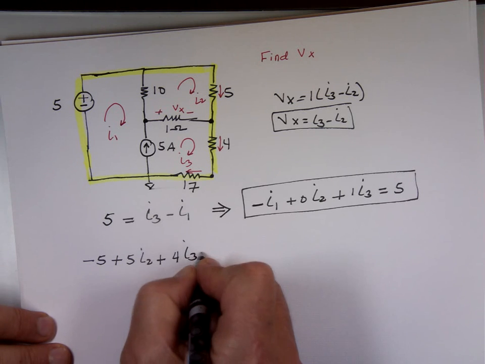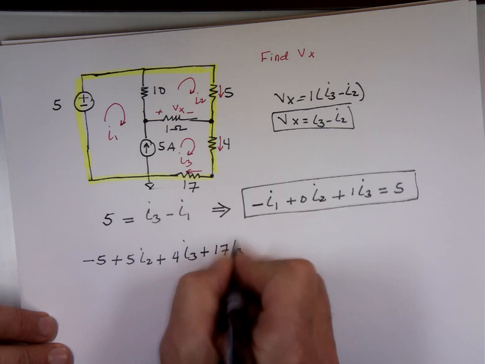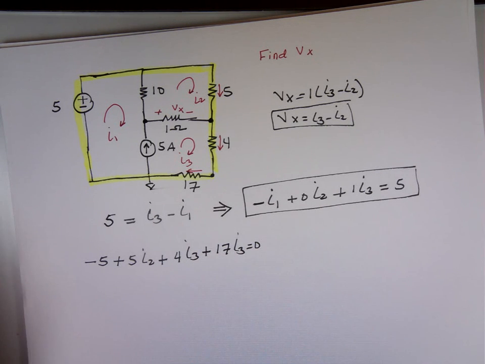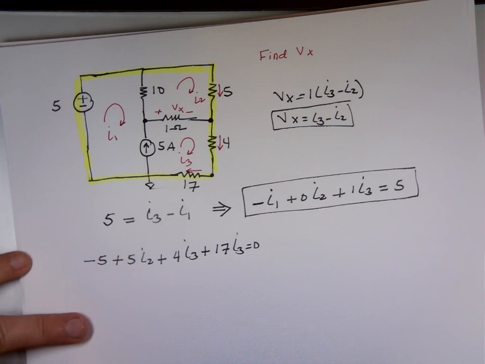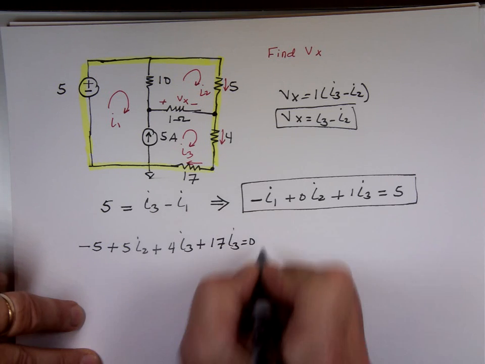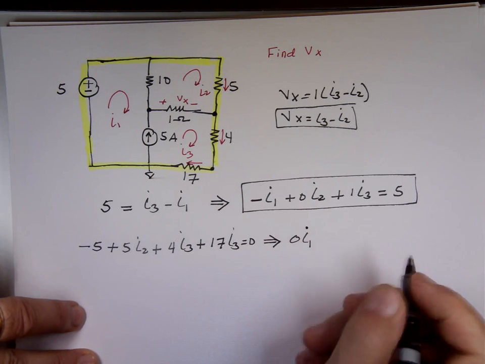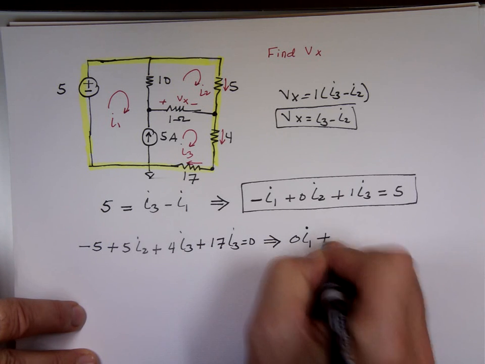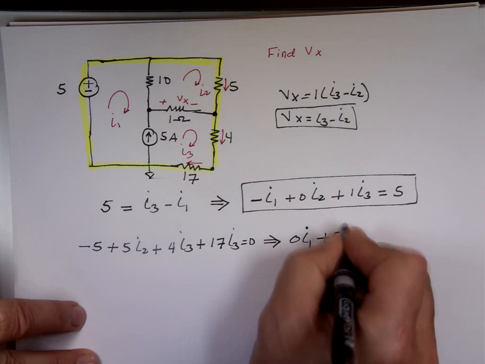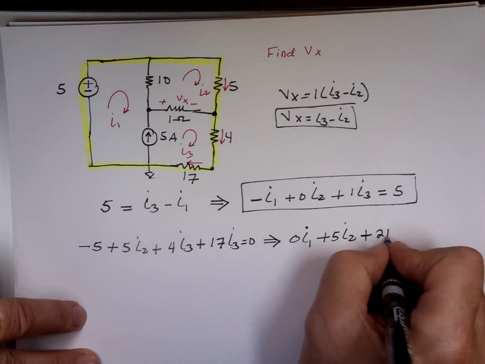I sub 3 is equal to 0. I don't see any I sub 1. 0 I sub 1 plus 5 I sub 2 plus, is that 21? I sub 3 is equal to 5 again.